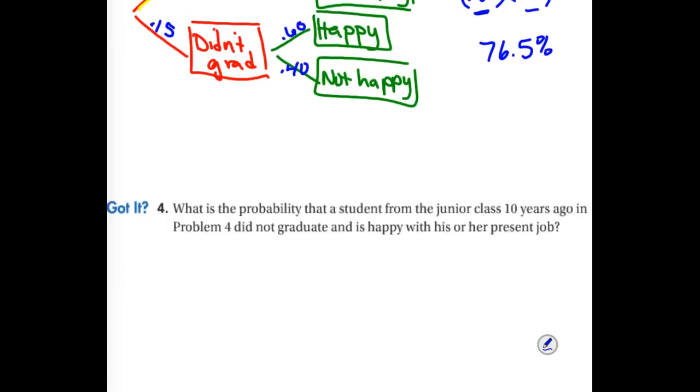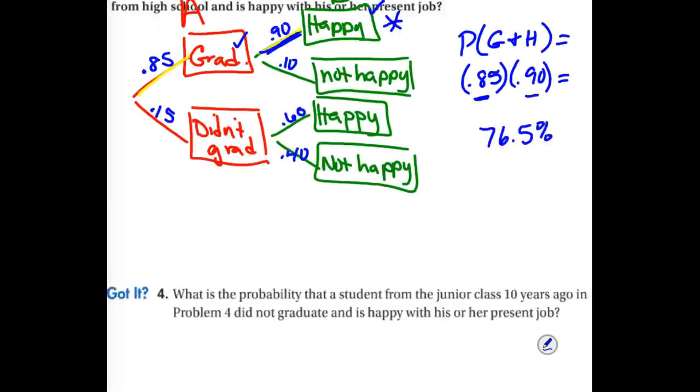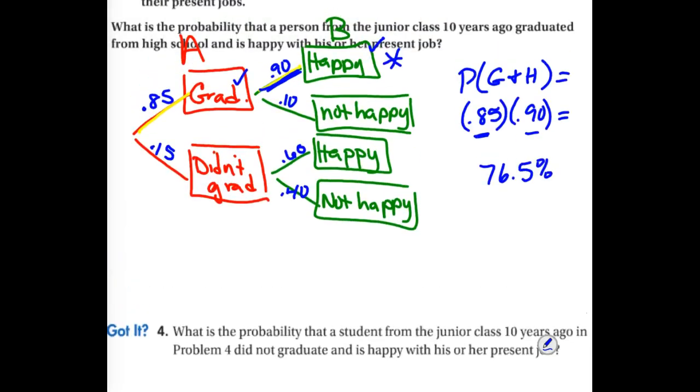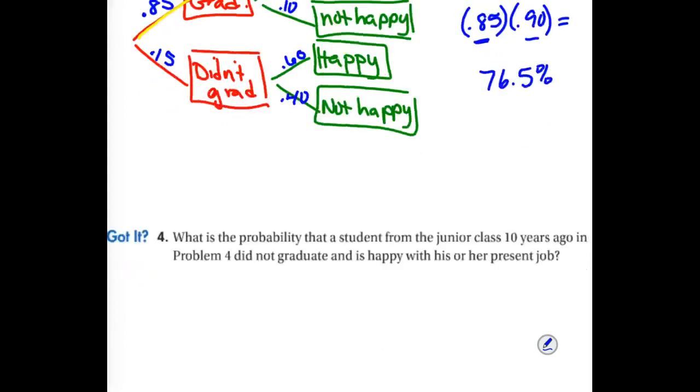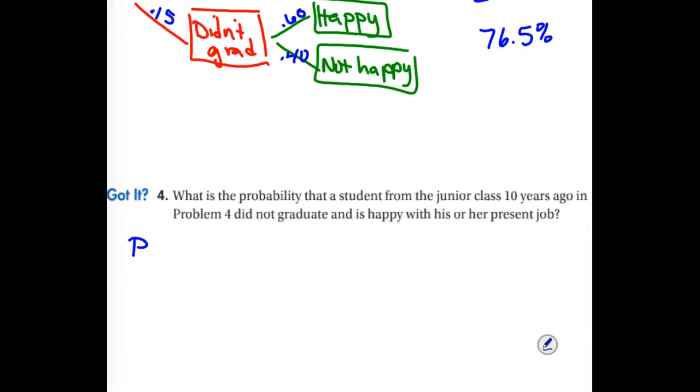What is the probability that a student from that same junior class did not graduate and is happy? What would we do? Did not graduate and is happy. So again, probability didn't graduate and is happy would be the probability that they, what's the first event?